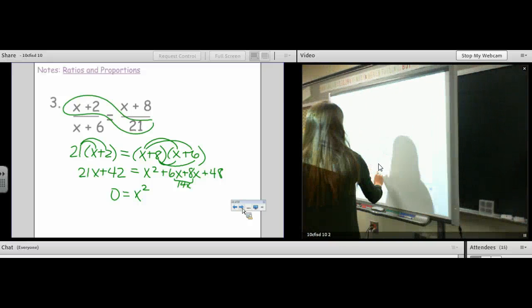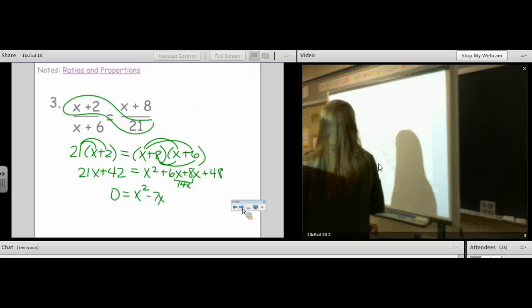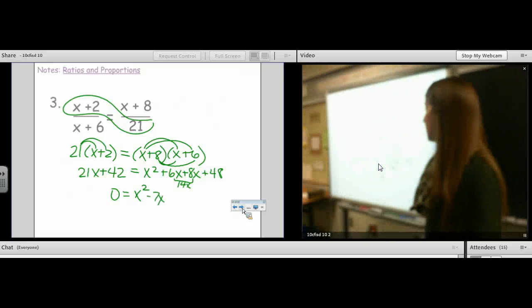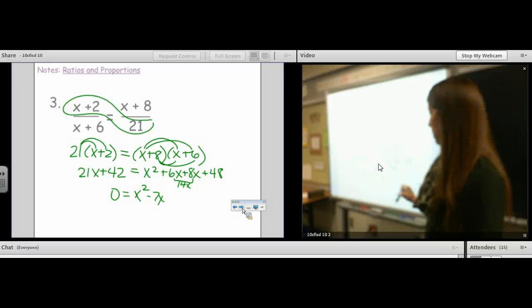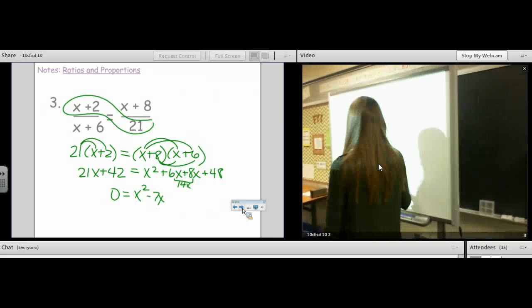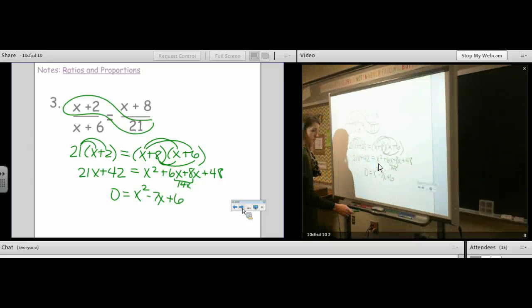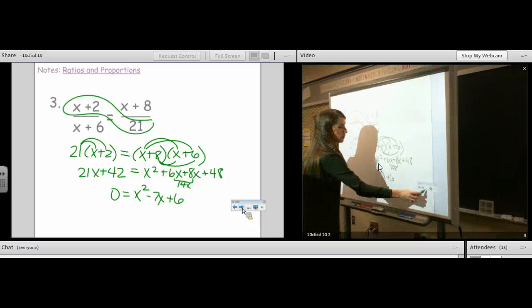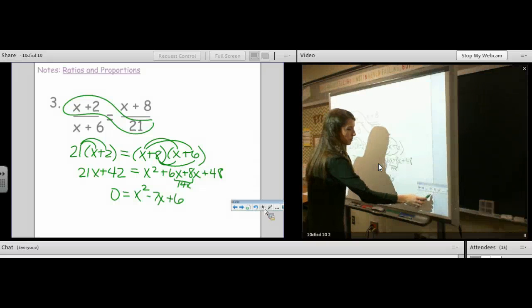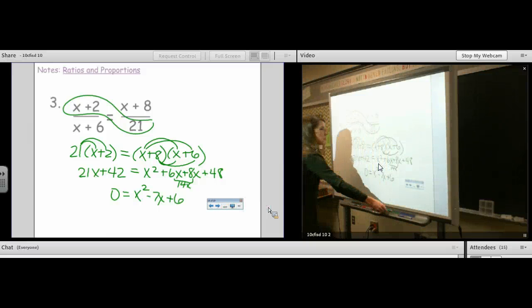So we'd have minus 7x. And then we've got 48, and we need to subtract 42 because we need to bring it over. So, plus 6. I need to make my page larger. I don't know why it's not letting me extend my page.